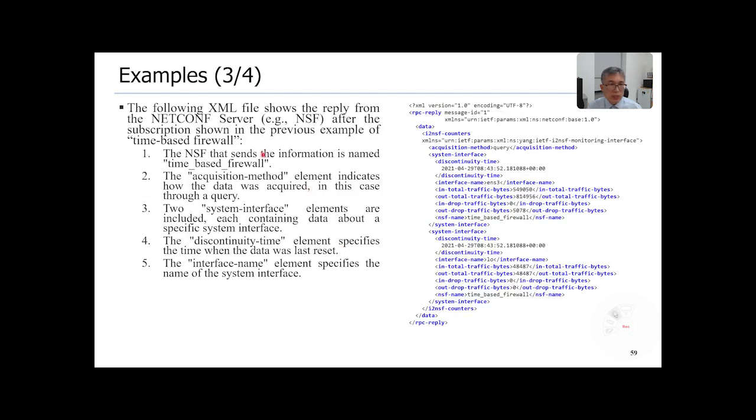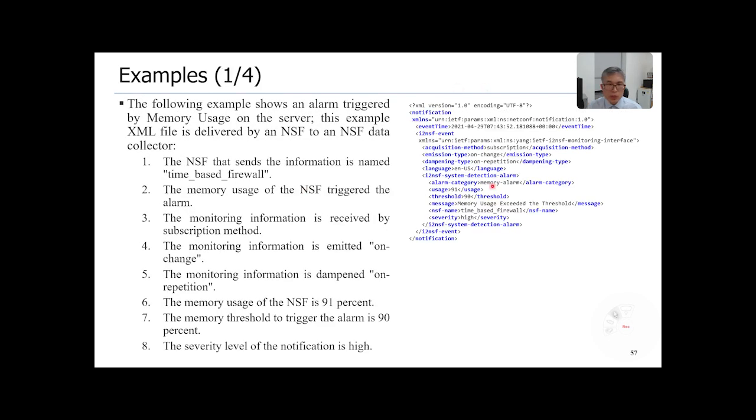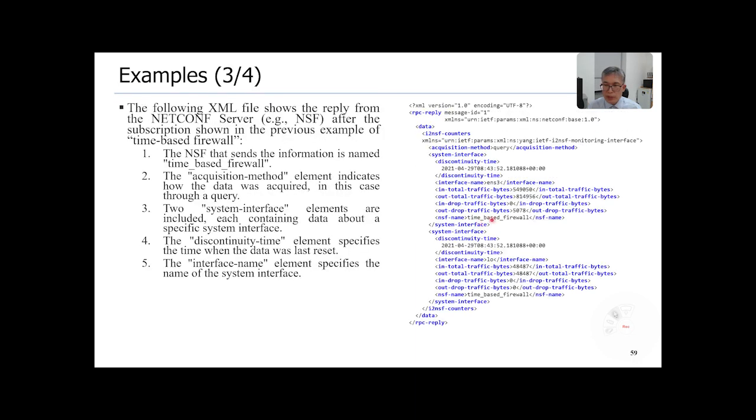The next one shows the time-based firewall reply. If we subscribed to the previous one, when certain memory usage happens, we can generate this. This shows the traffic byte and the system interface information. The NSF sends the information named time-based firewall acquisition method, with two system interface elements included, each containing data about a specific system interface.